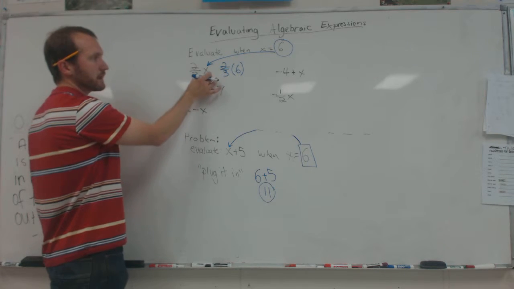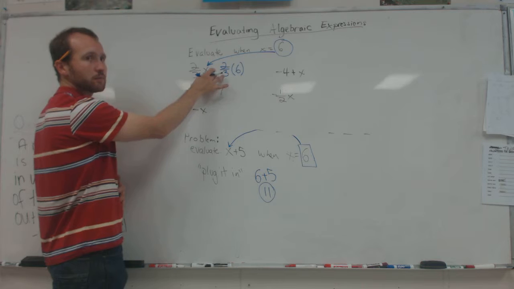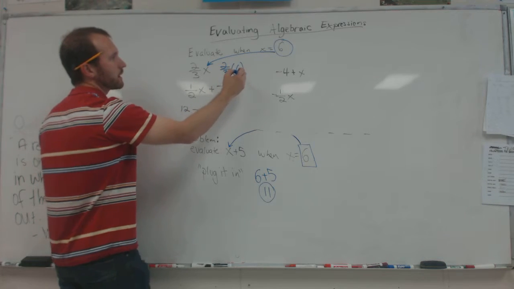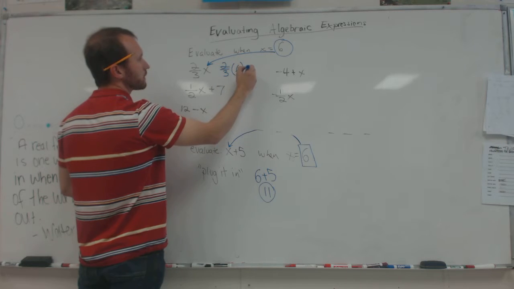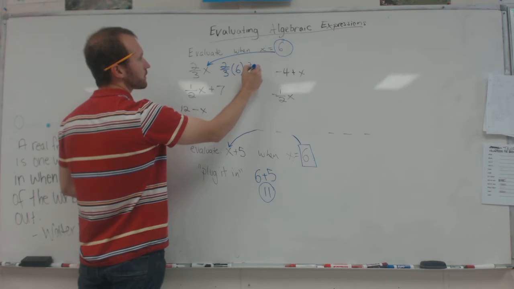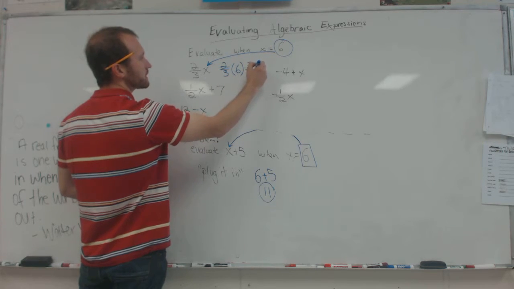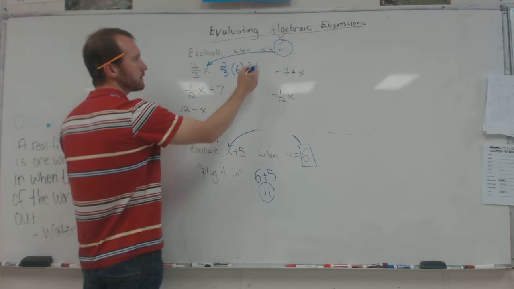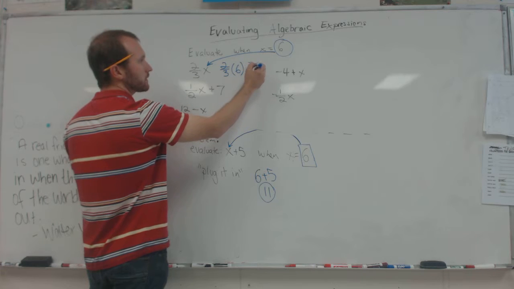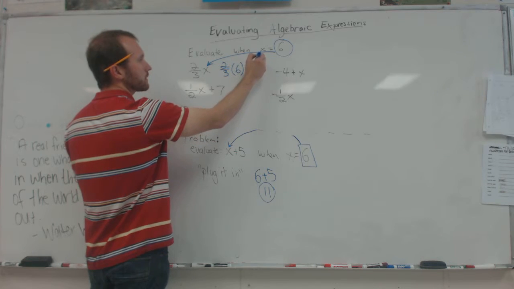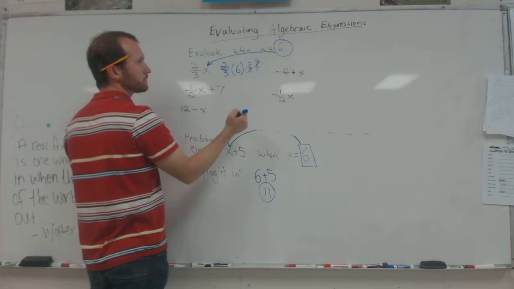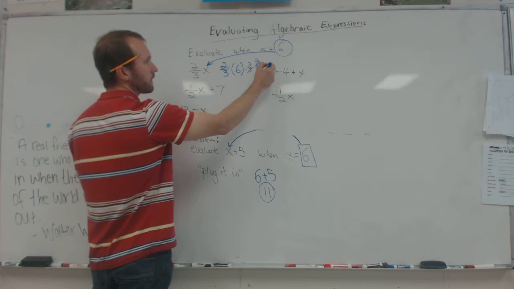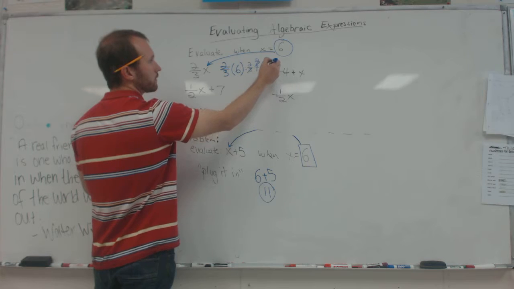When something is next to x, it means multiplying. So 2/3 times 6. Another way of writing that might be 2/3 times, I could put the 6/1. Would make it easier. Cross out the 3, cross out the 6. So I have 2 times 2. My final answer would be 4.